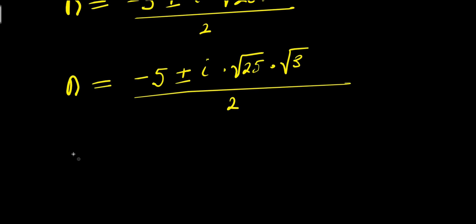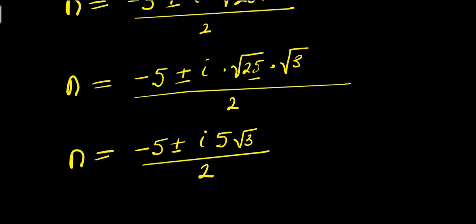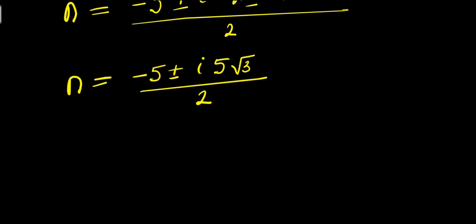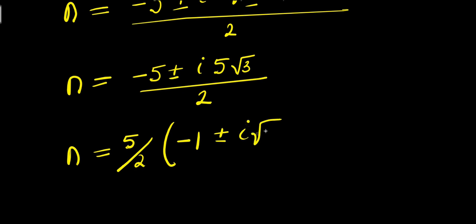So from here, I have n equals negative 5 plus or minus i times square root of 25. This is 5 times root 3. You have 3 here, divided by 2. So what I can do is to factor out 5 over 2. I have n equals, so we have 5 divided by 2 times, this will be negative 1 plus or minus i root 3.